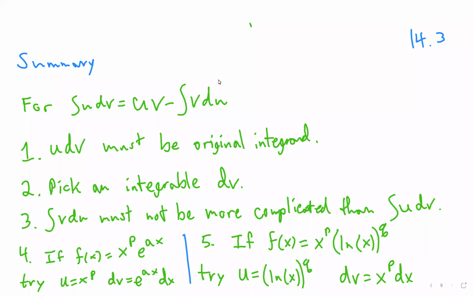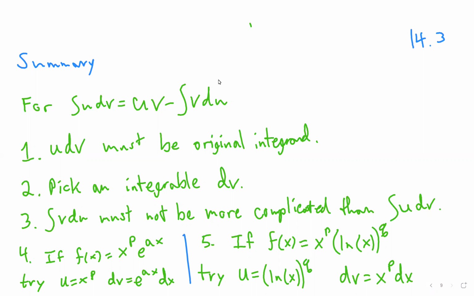This means that you can do another integration by parts if you haven't reached 0 for that exponent. And that allows you to continue this process until you do reach 0. So you just keep integrating by parts with this x to the p, reducing it by 1 each time until you reach 0. And then you'll have all these terms that you'll eventually add up.